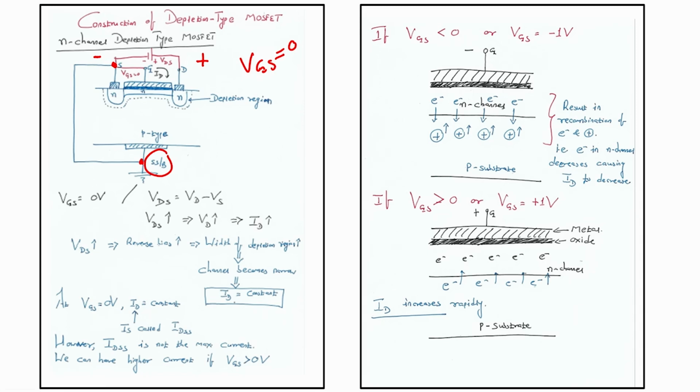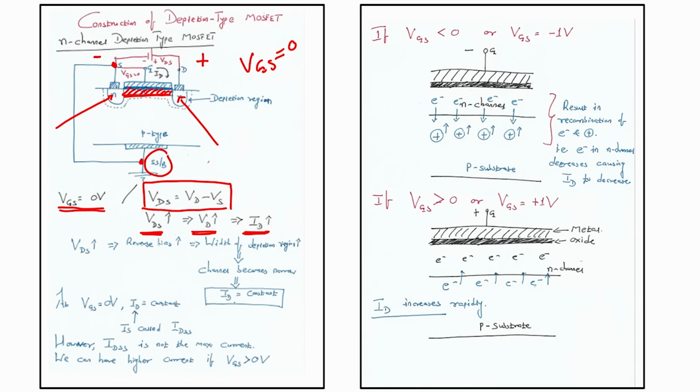Now, in this condition you can see the source is here, the drain is here, and there is already a channel existing between source and drain. When my VGS is 0 volt, VDS is nothing but the voltage at the drain minus the voltage at the source. So if I increase VDS, my VD will increase and correspondingly my ID will increase, because I already have this channel present between source and drain.